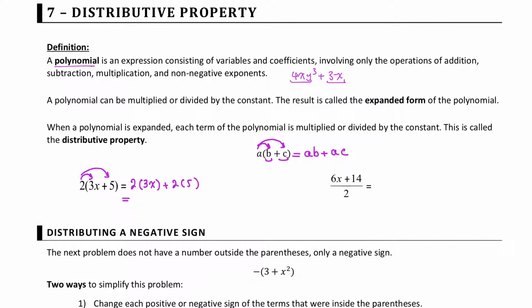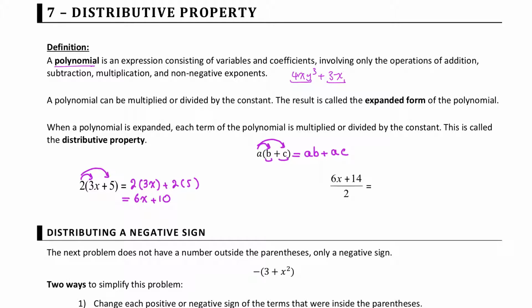And to simplify this further, 2 times 3x gives me 6x, because I have to multiply the numbers together, 2 times 3 giving me 6, and the x stays as x, and then I have 2 times 5, which would give me 10.